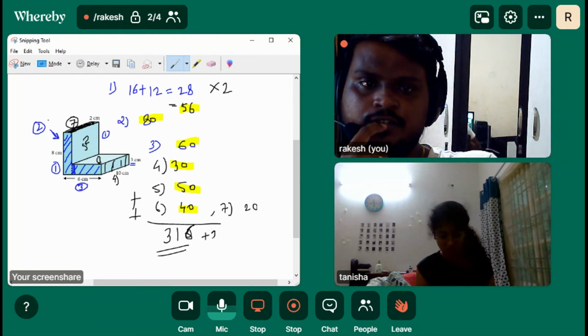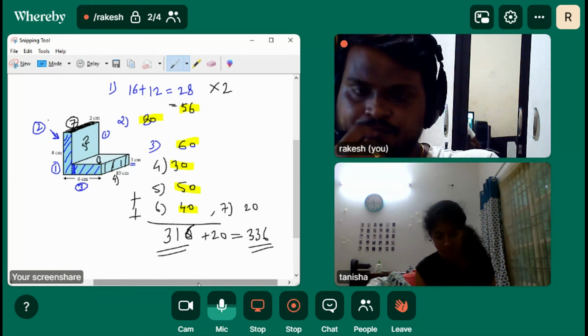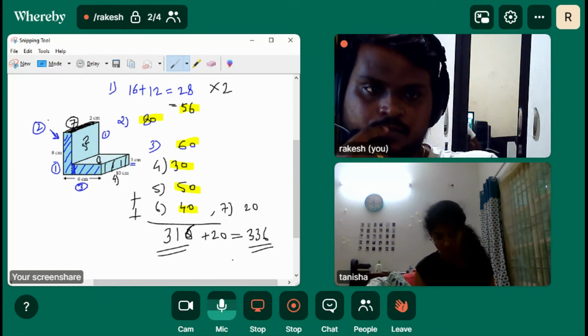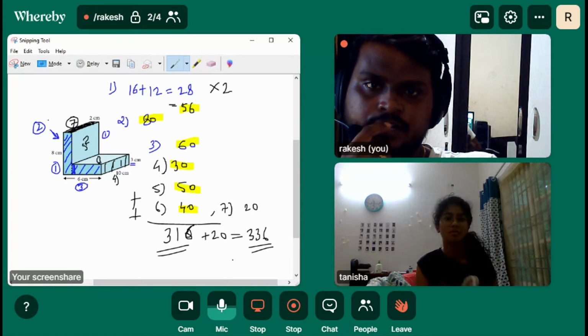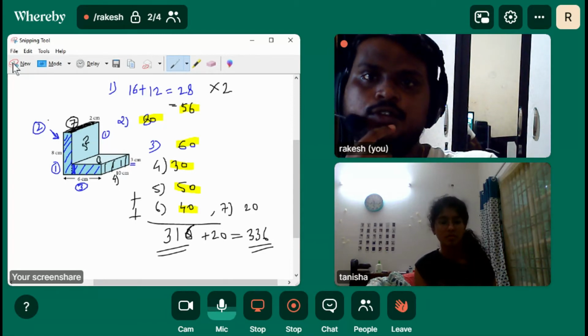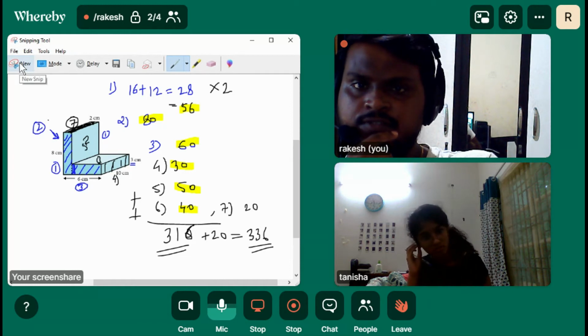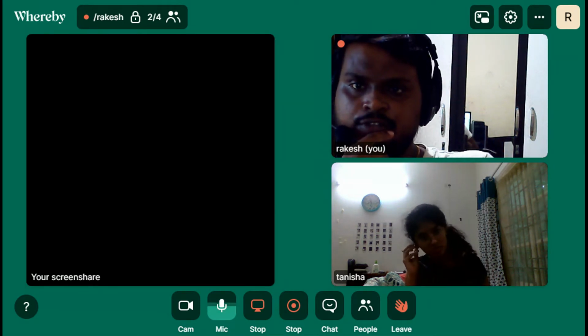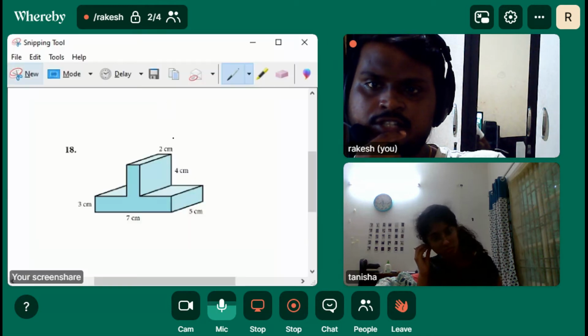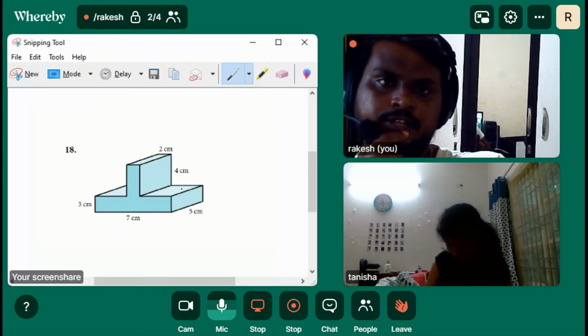So when we add 20 more to this, it will give us 336. I think now it's complete. It's included everything. So this is how we have to add all the surfaces. That will give you the total area. Now solve this last one quickly.